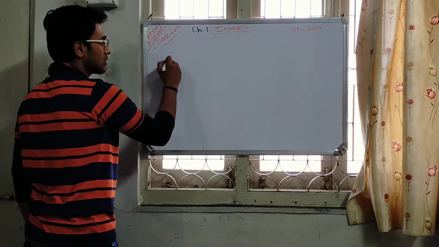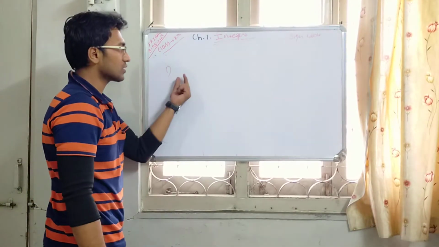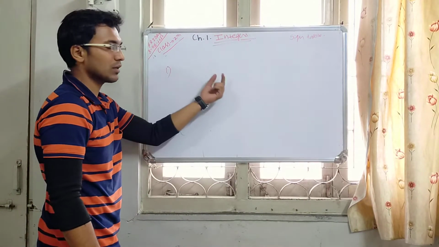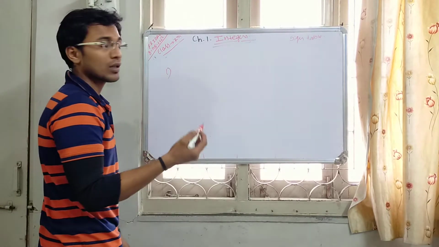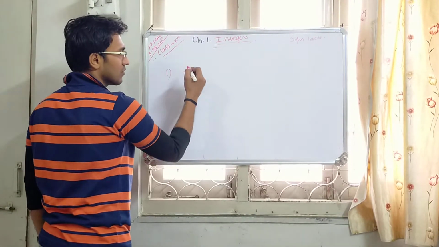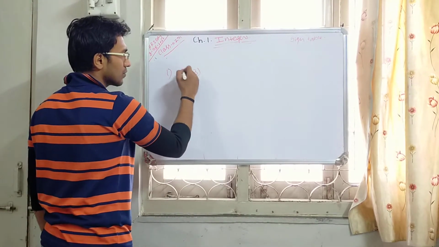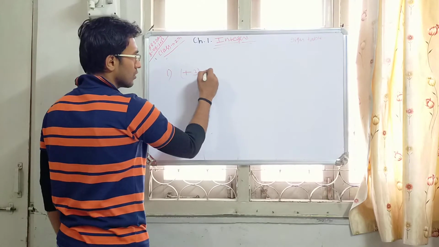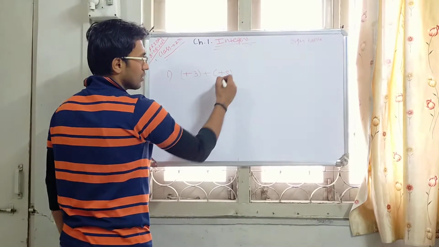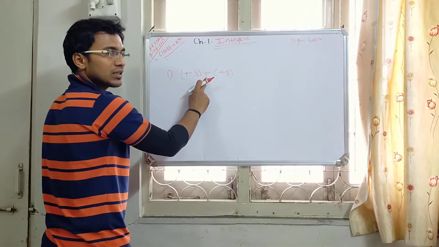For the first instance, as I can recall, the first number was of positive sign and the second number was also of positive sign. I can take any number, so I'll take plus 3 and I'd like to add plus 8. The operation is addition.